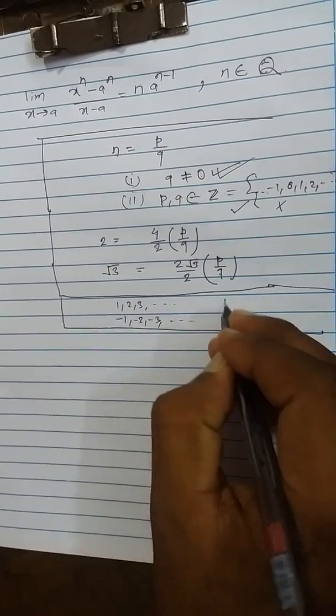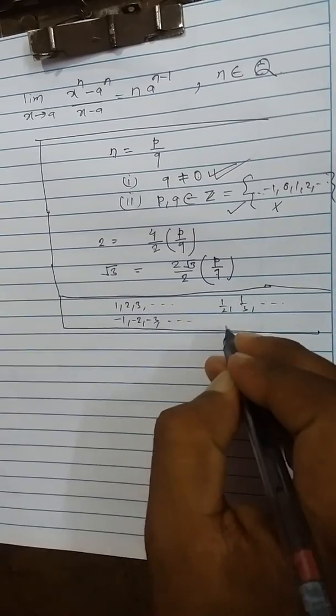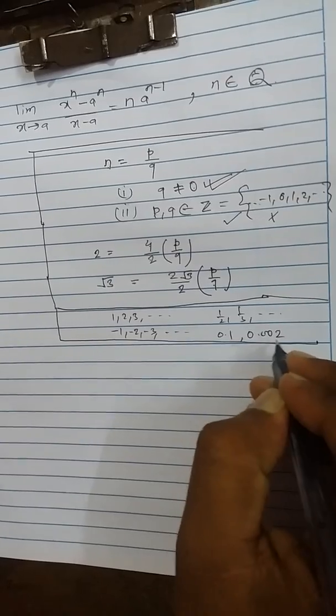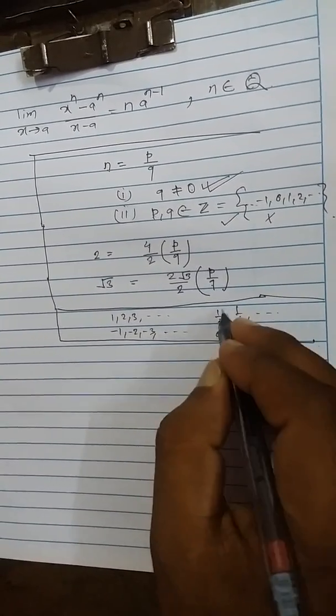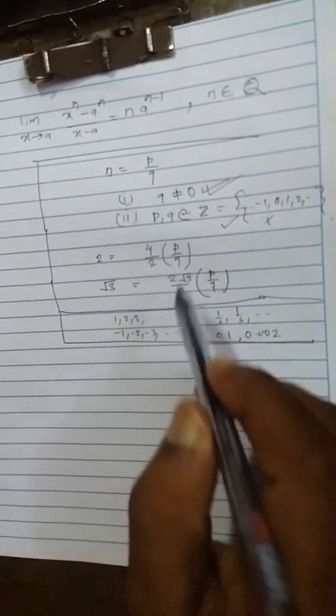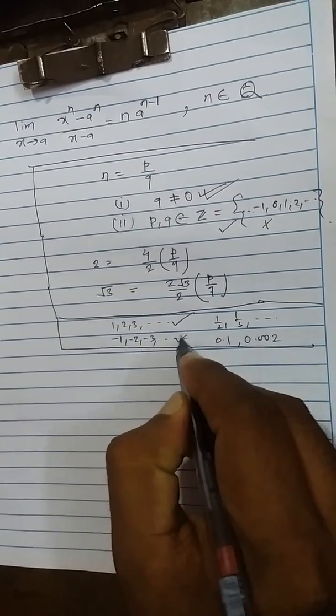Even the fractions, 1 upon 2, 1 upon 3, likewise all are rational numbers. Even decimal numbers like 0.1, 0.002 are rational numbers, since they can be written as 1 upon 10 and so on.